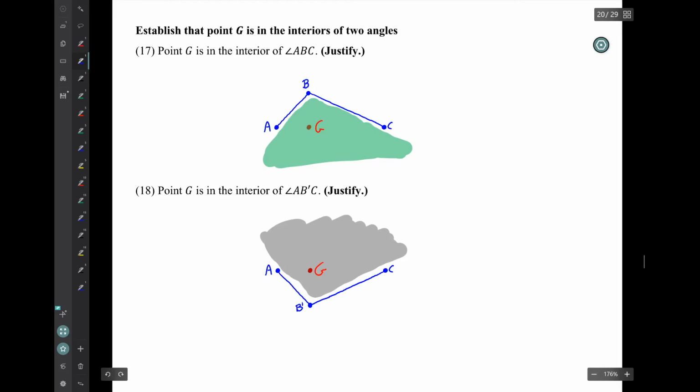Now we need to establish that point G is in the interiors of 2 angles. Statement 17 says that point G is in the interior of angle ABC. That's shown here. Statement 18 says that point G is in the interior of angle AB prime C. That's illustrated here. You'll justify those statements.